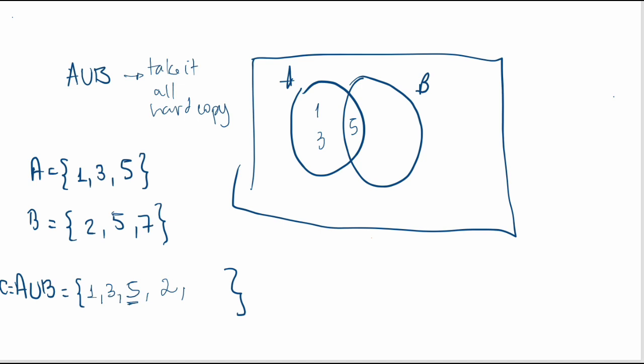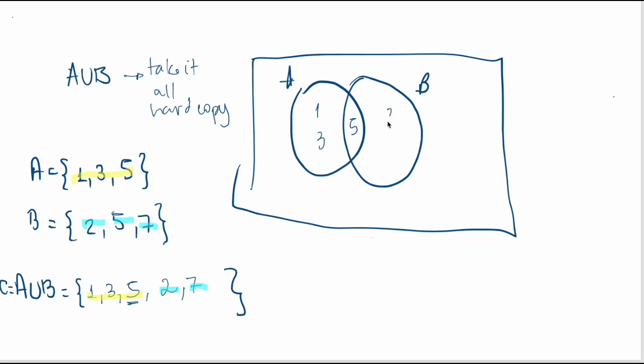The set has unique objects, so you don't repeat. So you hard copied A, 1, 3, 5, and you will hard copy B, 2 and 7, because 5 is already there. Okay? So this is what happened. 1, 3, 5 came from set A. 2, 5, and 7 are from set B, but obviously I don't repeat 5, because I already copied it.